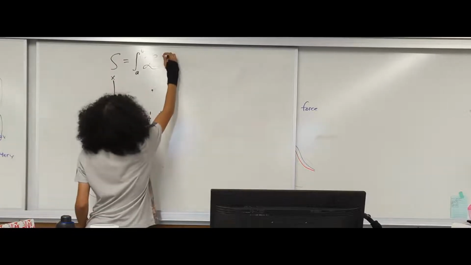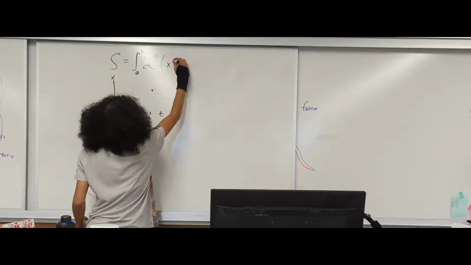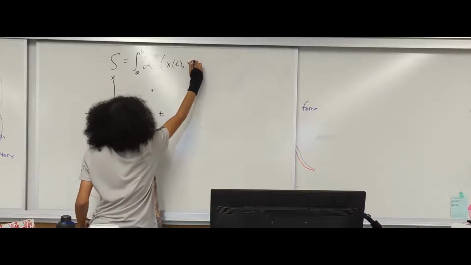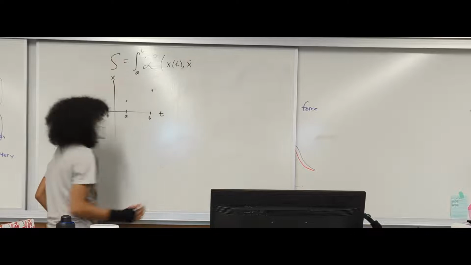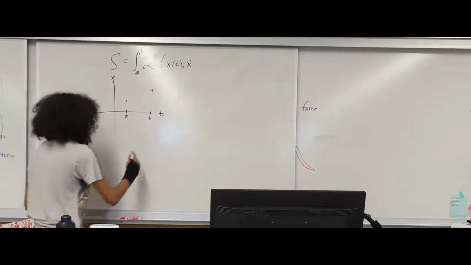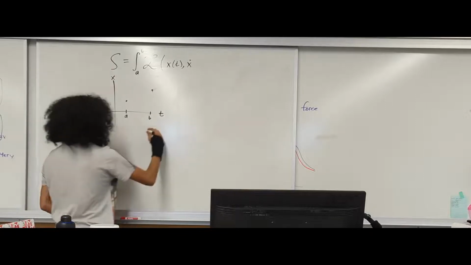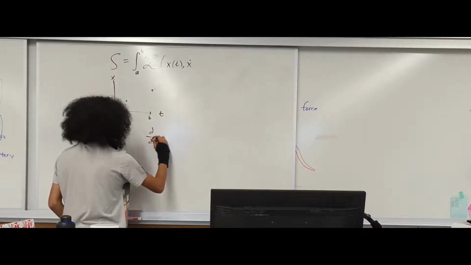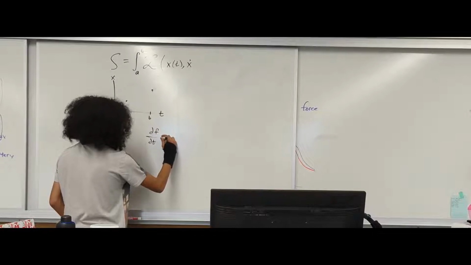And usually this will depend on the position of the particle, the velocity, which we denote as x dot. So I think you weren't here for the last one, but we're basically replacing time derivatives. So if you have the time derivative of something, then we call this f dot.